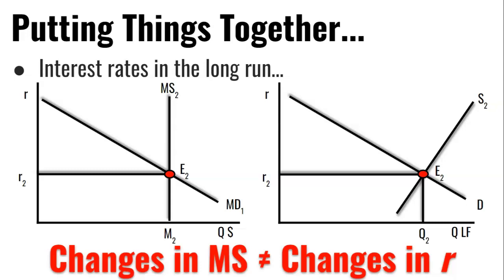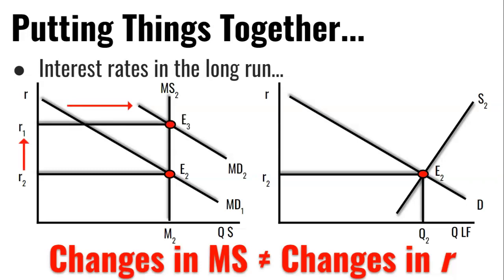We'll see an increase in price level. When price levels increase, everything's more expensive. There's inflation, which means everyone needs more money to buy the same amount of goods. The result then is an increase in the demand for money, a right shift in the money demand curve, causing interest rates to now rise back up towards the original R1.